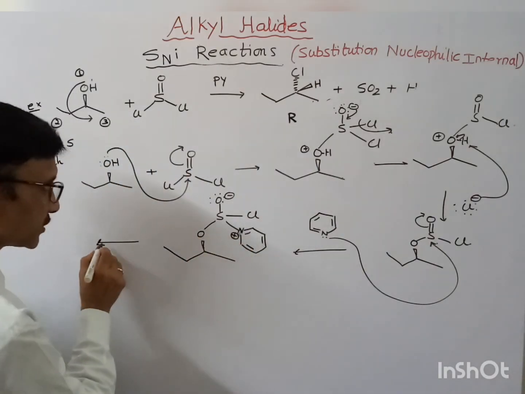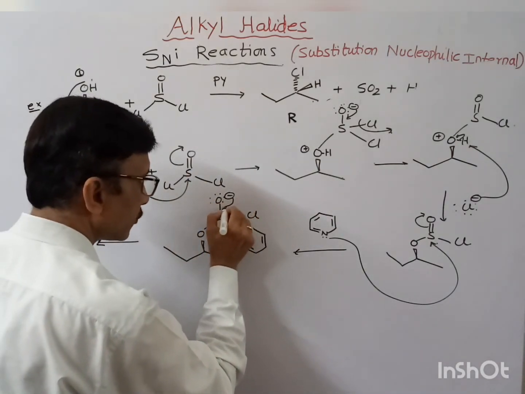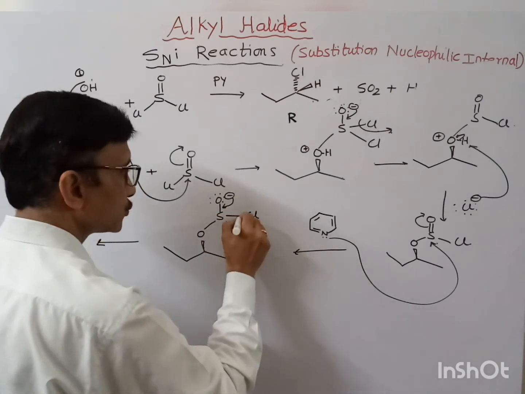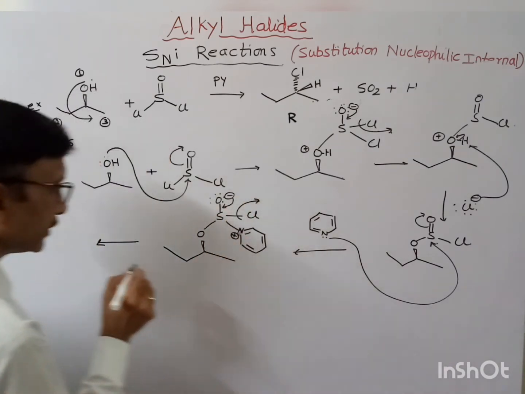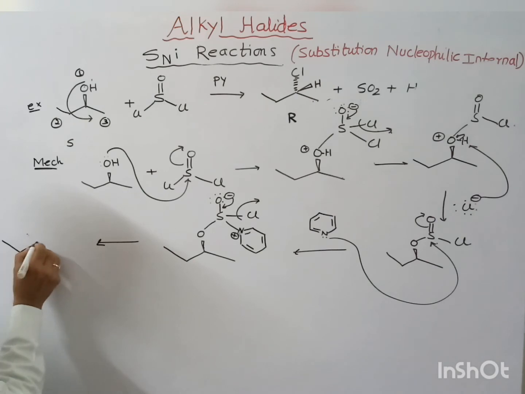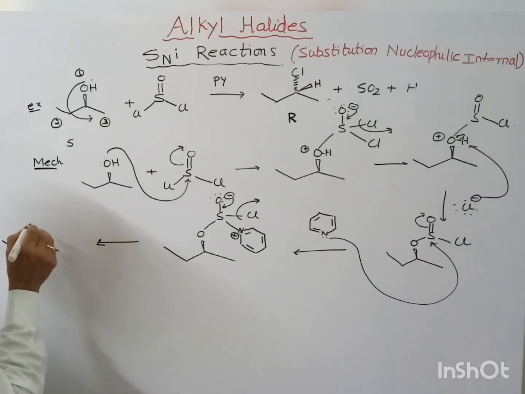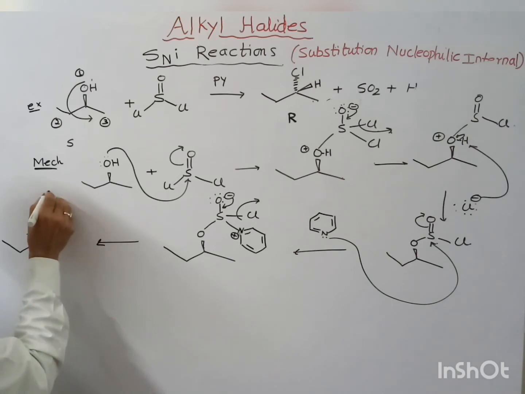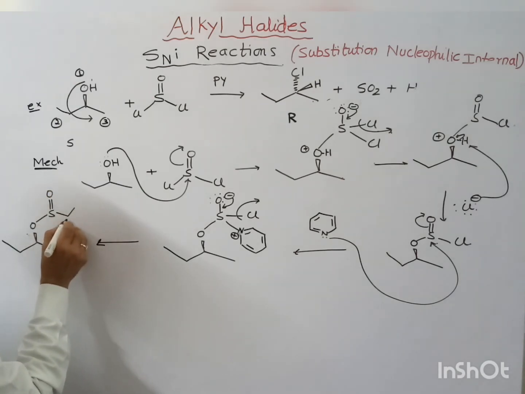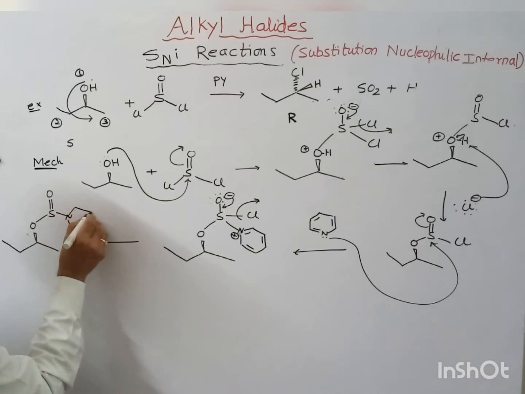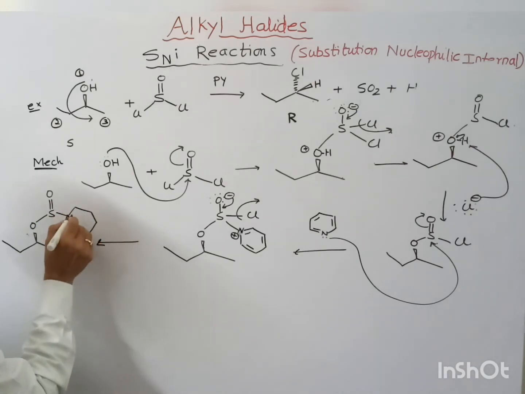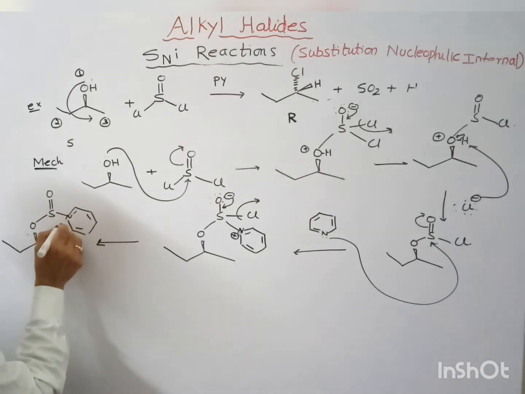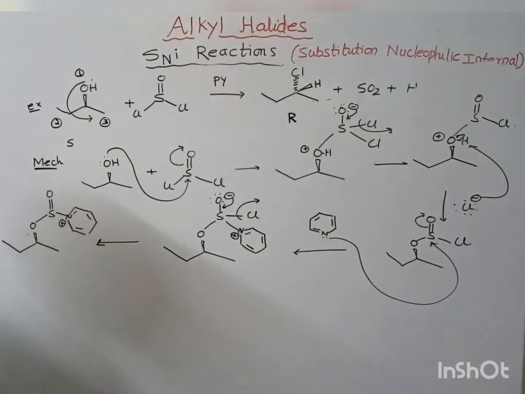Now again in the next step, this pi bond would be restored, and one of the chloride ions will leave, and we are getting the double bond over here, and we have the pyridine which is here having this positive charge.